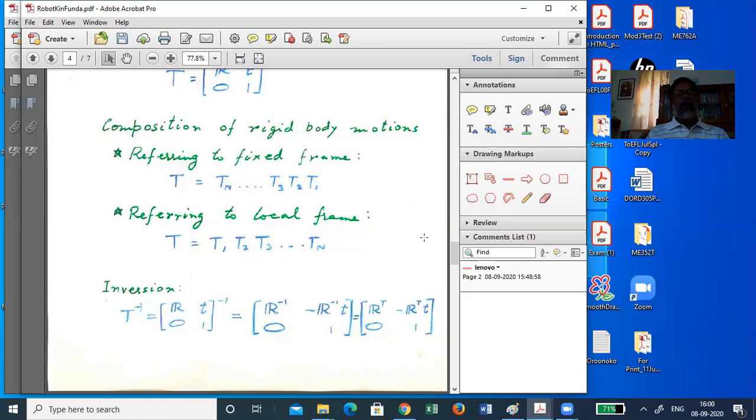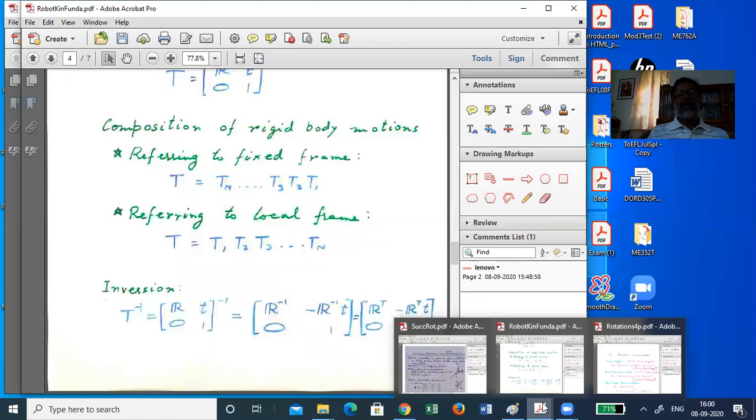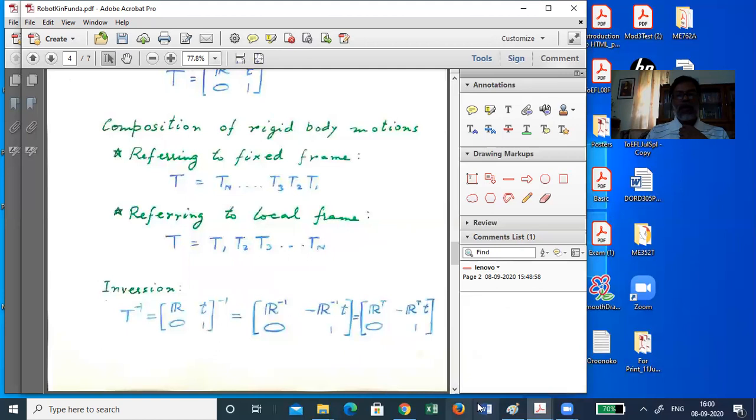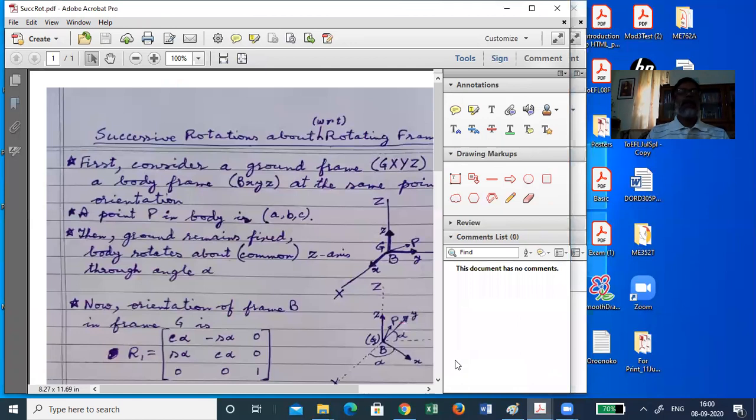Now, this is something which you need to understand a little carefully, and for that we will do this discussion in terms of the rotation only, but the generalization of that is not very difficult. So first consider successive rotations with respect to a rotating frame.